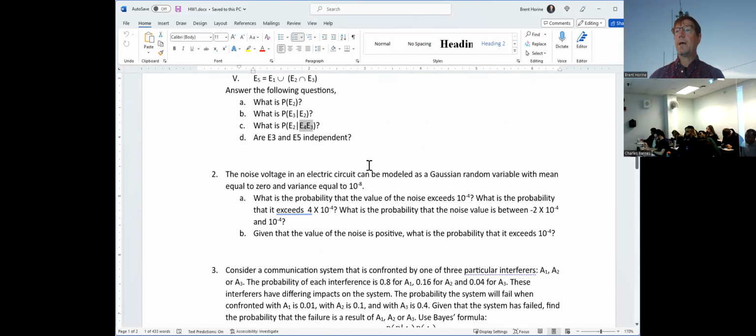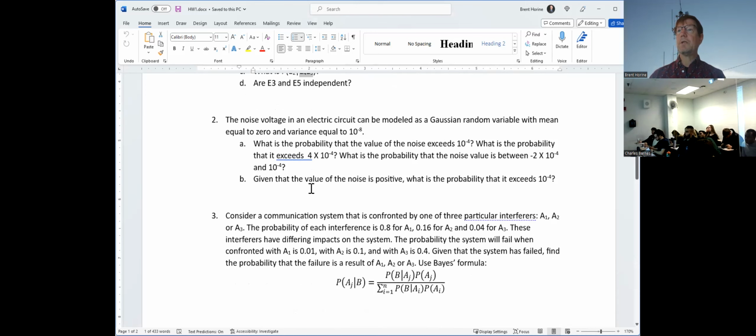Right? So this is the one that I realized once I started working on the solution that we talked about the Gaussian random process or random variable, but we did not talk about its related function, the Q function.